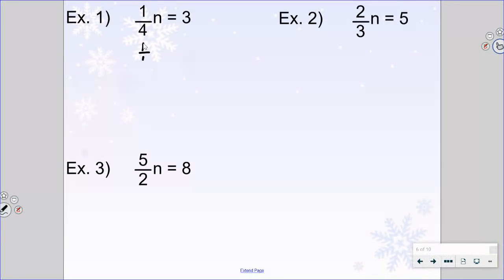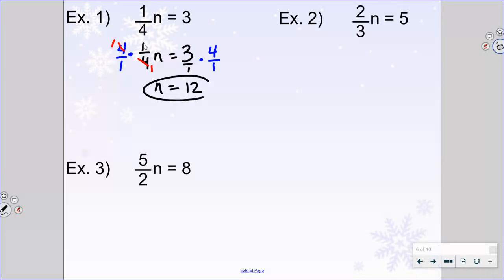We have 1/4 of some number equaling 3. We'd like to know what the entire number is, so we're going to multiply both sides. Hey, if we have a part of it, let's take 4 of those. Naturally then, 4/4 cancels out. We end up with a single n is equal to 3 wholes times 4 wholes, or 12.